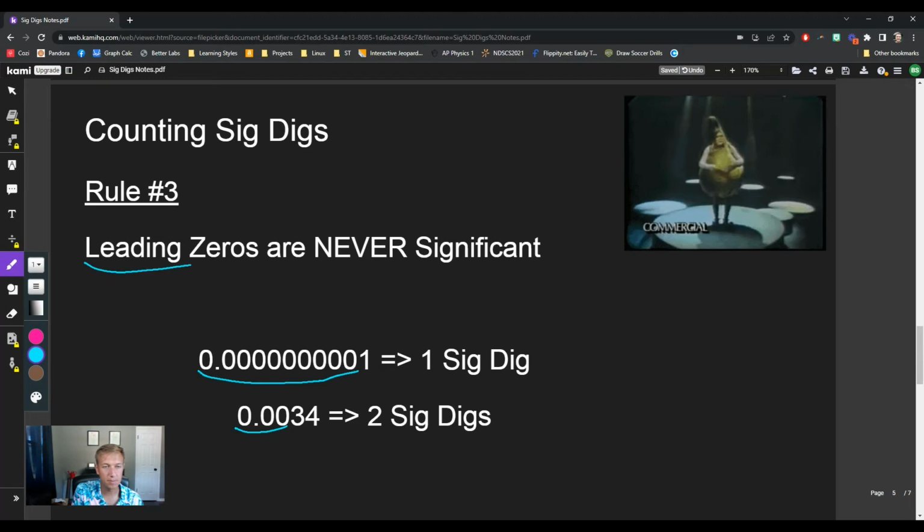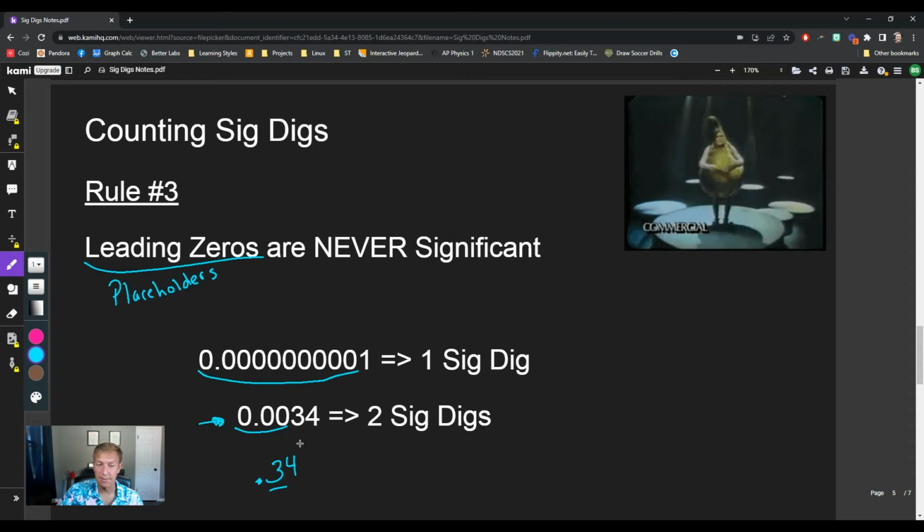Leading zeros behave like placeholders. So they're not significant. They are important that we have them, especially for decimals, because they communicate the place of the digit that matters, right? So this one's long. Let's look at the second one here. Without these zeros, maybe I would just write 34, right? And then maybe there's no decimal, or I put the decimal there, and now the 3 is in the tenths place.